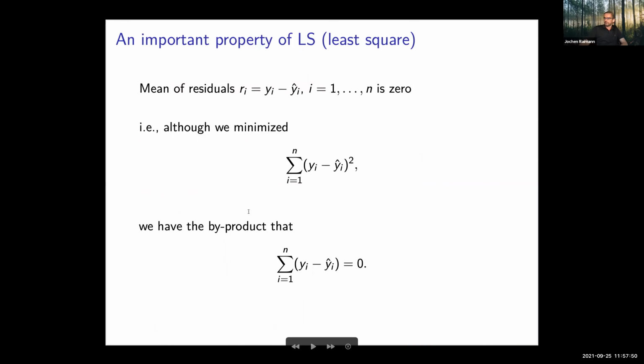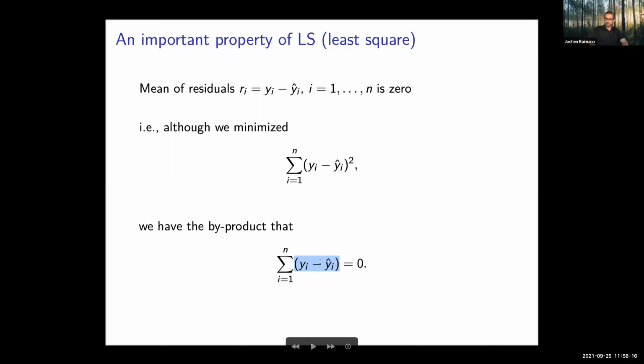An important property of this least square is essentially that the mean of these residuals is 0, and they are normally distributed variables that will distribute around a mean of 0 in a normal distribution.